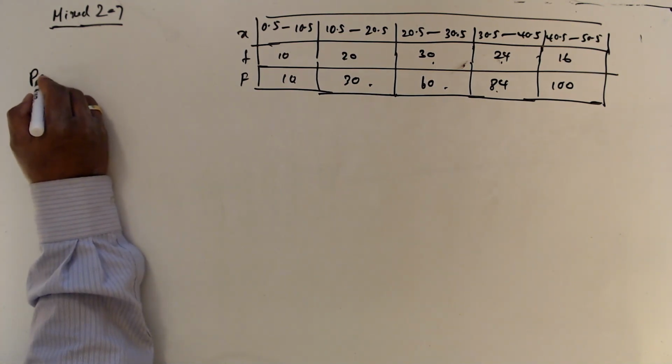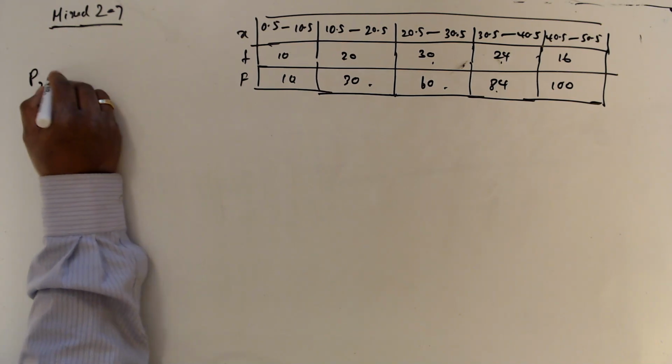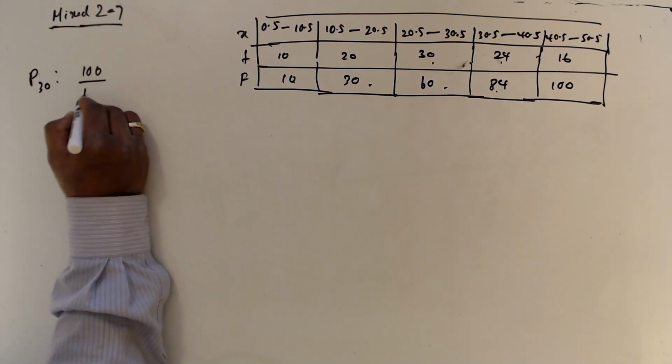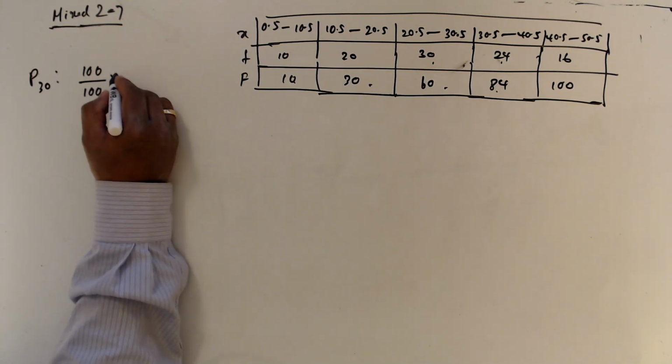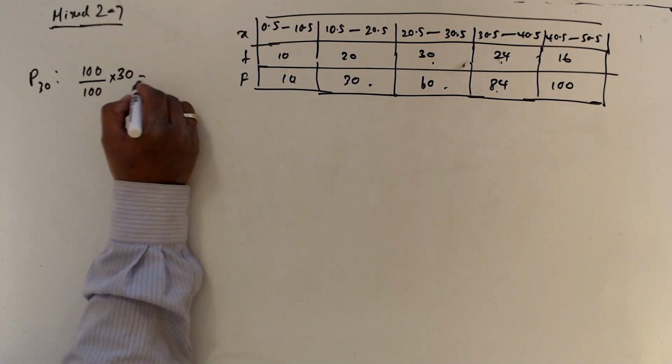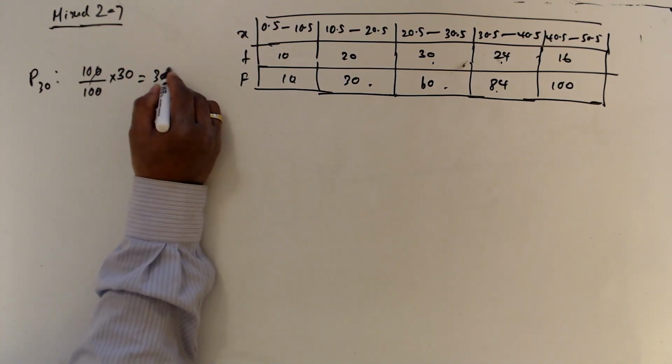First, P30. It means the number of data divided by 100, and we want to get the 30th one.